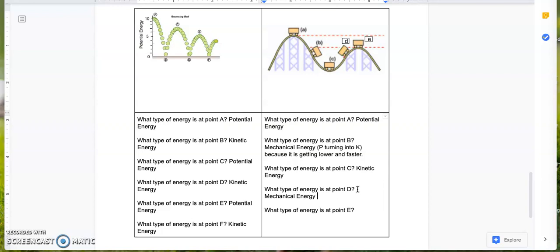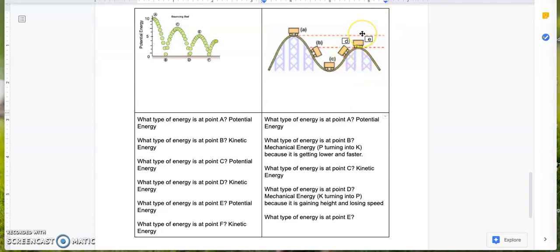But we again have to figure out what is turning into what. This time from D, it's starting all kinetic at C, moving towards potential up at E. So this time, it's mechanical energy, kinetic turning into potential, because it is gaining height and losing speed.